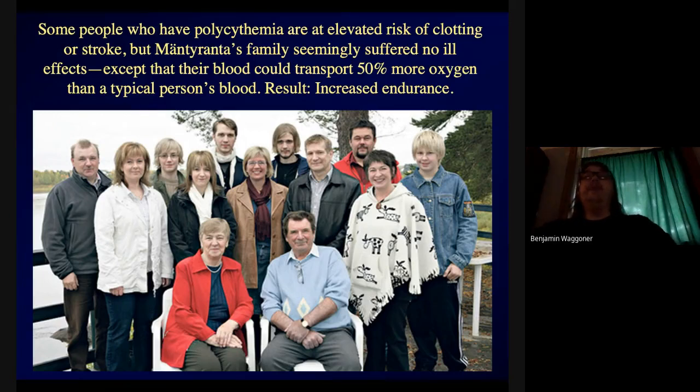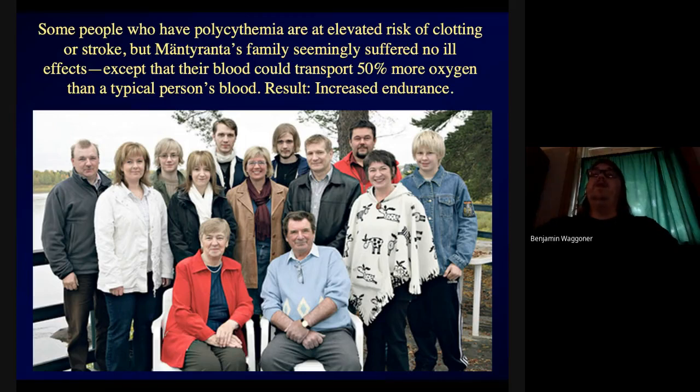Now, some people who make extra red blood cells are at elevated risk of stroke or other blood clotting disorders. But for some reason, Montiranta's family didn't suffer any bad effects. They lived just as long as their kin that didn't have this condition. They were perfectly healthy, except that their blood could transport 50% more oxygen than a typical person's blood.